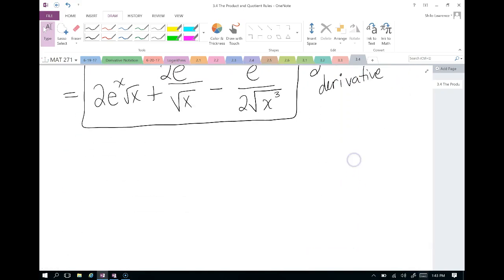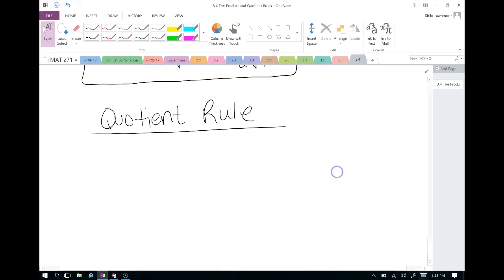So for the quotient rule, part of it is going to look very similar to our product rule. And there's a reason that I do the product rule the way that I do. So if we are ever asked to take the derivative of f of x divided by g of x.